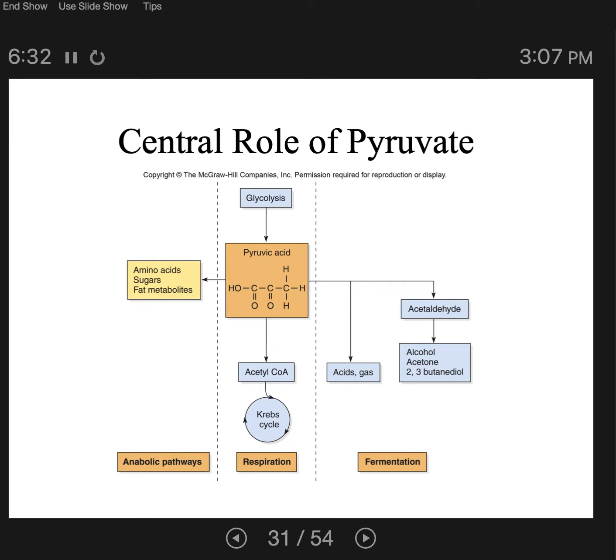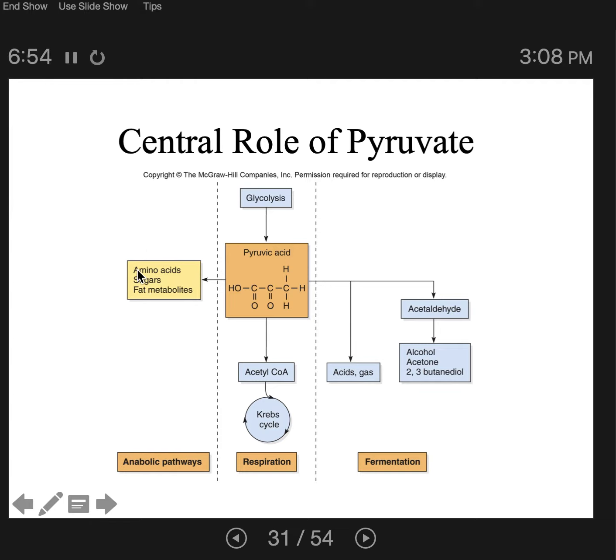So here you have glycolysis, you put glucose in, pyruvic acid or pyruvate comes out, and this can either go through the Krebs cycle and continue through the electron transport chain, or it can diverge here and go to making amino acids, sugars, and fats, right?